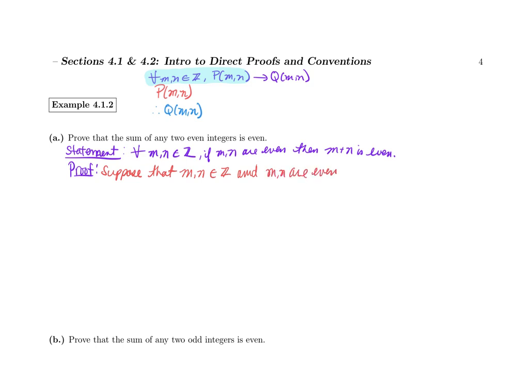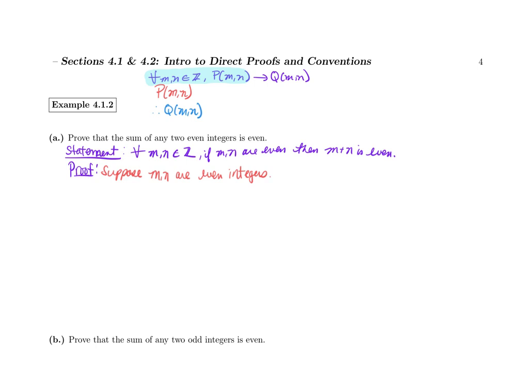So yes, we could write it out this way, but that seems sort of verbose, and we could write it in a much more succinct way by saying, what if we suppose that m and n are even integers? That's probably a more succinct way to say it.